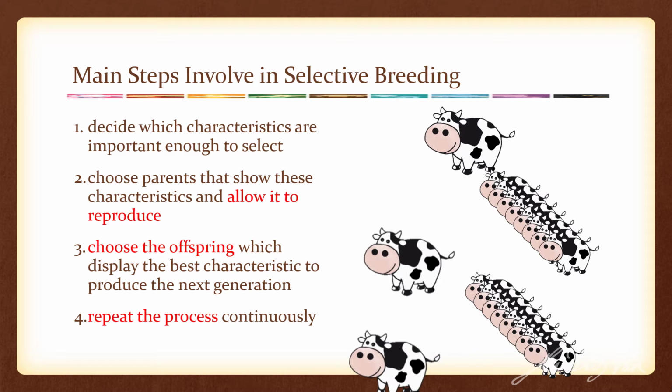So after many generations of this selective breeding, the future generation of this original cow will most likely be producing more milk than the first generation of cow. So again, it is important to take note that it is due to variation of individuals which allows this selection to take place.